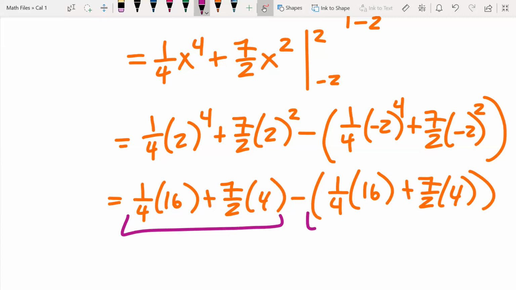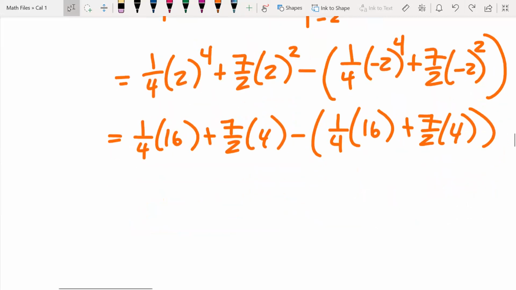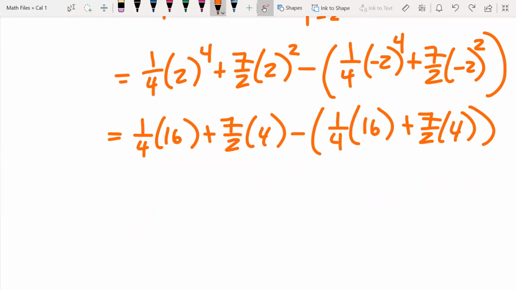Is this the same as that? Adolfo put it in chat. Oh, I see it. Very nice. Since they're both the same, then yeah, all of that adds up to 0.